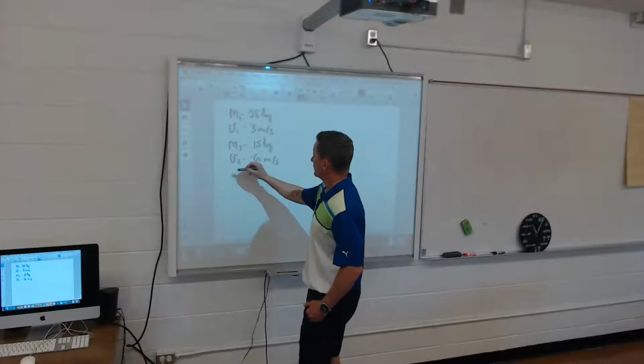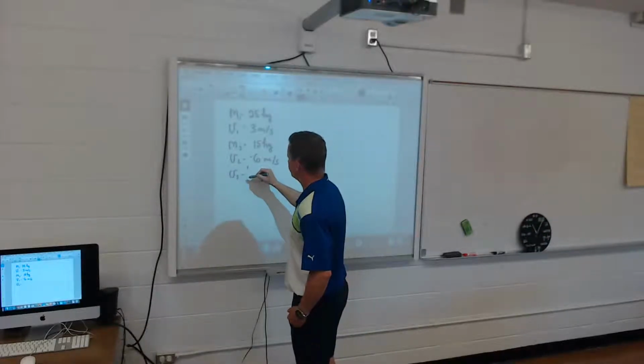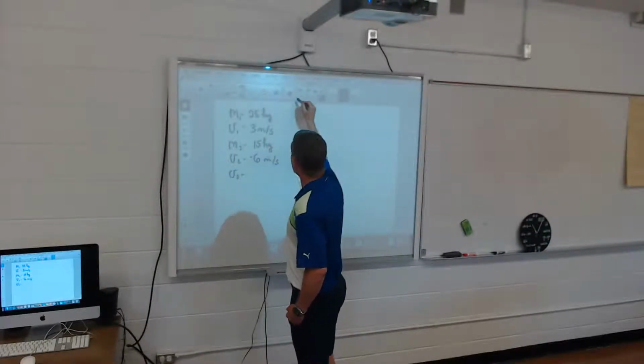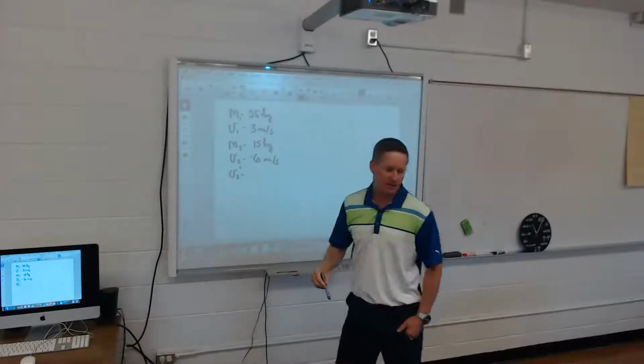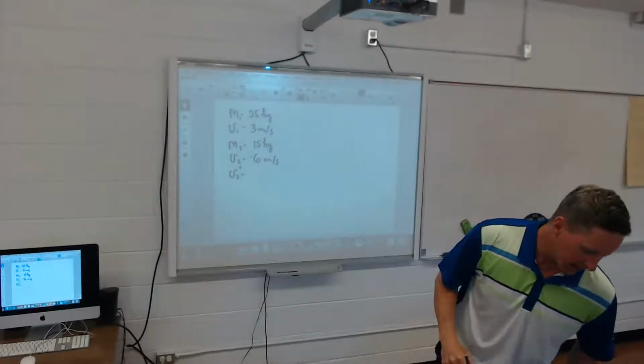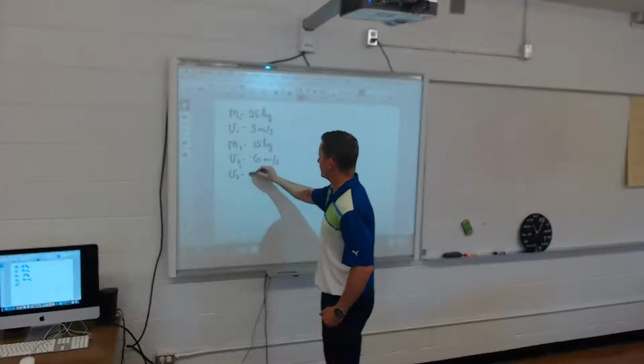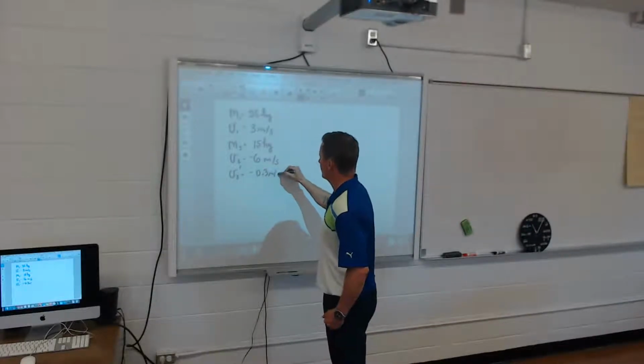Okay, so my V2 prime. So in A, my V2 prime is it keeps moving left at 0.3 meters per second, so that's negative 0.3 meters per second.